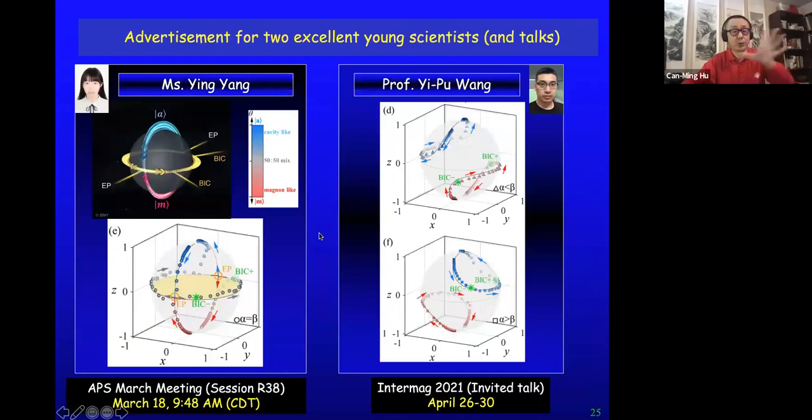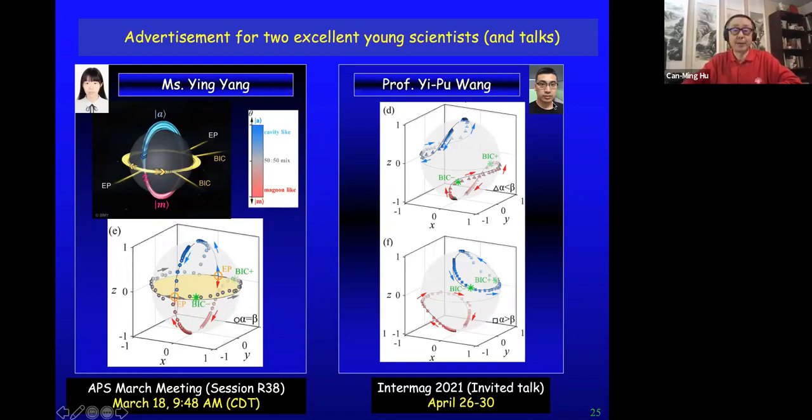Now, I don't want to go into too much detail on the physics of this singularity. Rather, I would like to make an advertisement for one student and one former postdoc of mine. This experiment was done by Ying and Ipu. Ying is going to talk about it next month at the APS March meeting, March 18.